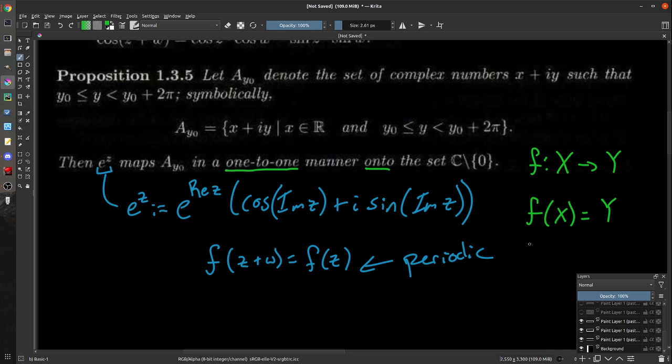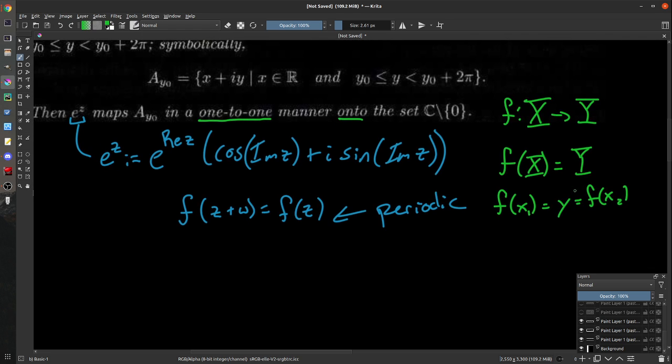And it's one-to-one if, and I should maybe make these capital X's and Y's to make it super clear that I'm describing these as sets, if f of little x1 equals y, and f of x2 equals y, then x1 equals x2. So this first part implies the second part.